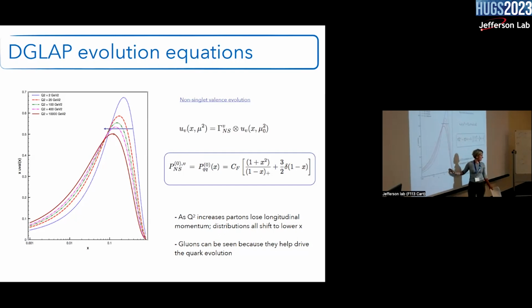And when you increase the energy, the peak goes down because some of the valence quark energy is taken away by the gluon and by the other anti-quark that you put together, okay? So this is telling you how the picture of the quark and the gluon evolves as you increase the energy.